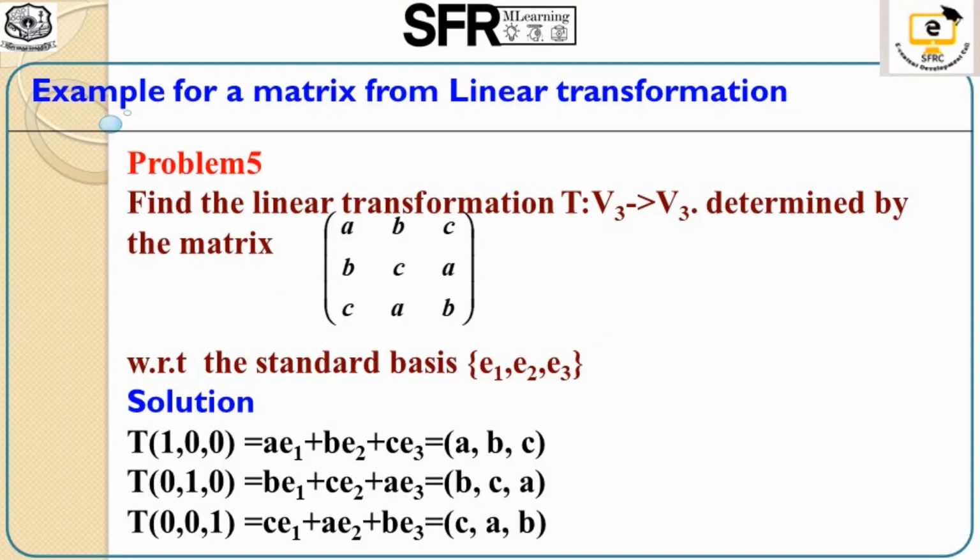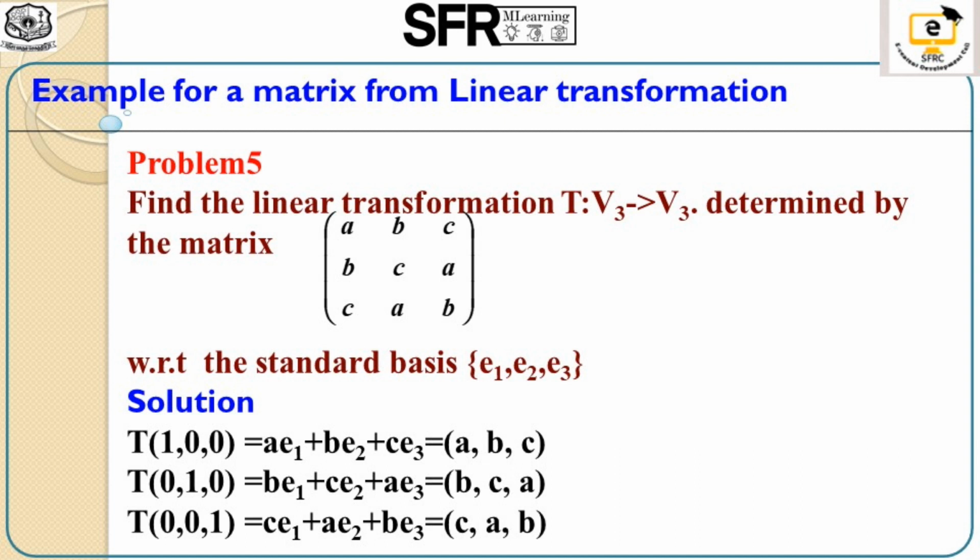Next we see another example of a matrix from a linear transformation. Find a linear transformation T from V3 to V3 determined by the matrix ABC, BCA, CAB with the standard bases. T of (1, 0, 0) equals A E1 plus B E2 plus C E3, that is ABC.